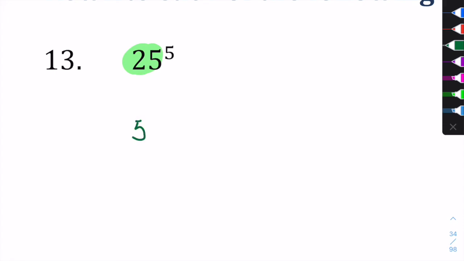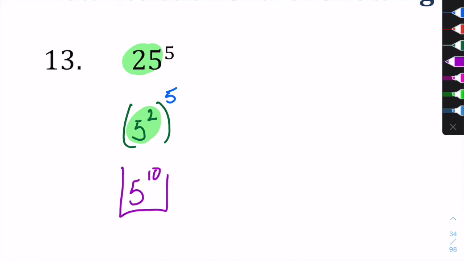So if we replace it as 5 squared, we can stick that there first, but we still have this exponent of 5 on the outside. Hey, this looks like a power of powers property example. So we can go ahead and apply that, and it says, of course, we're going to multiply that exponent of 2 times that exponent of 5, and we'll get 5 to the 10th power. Hey, prime base and an exponent. That's what we were looking for. That one is done. Terrific.